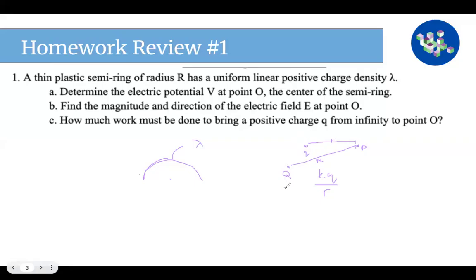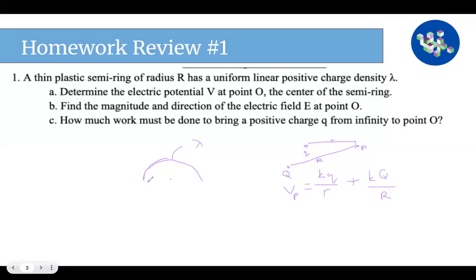So the potential at P would be KQ over R plus K big Q over big R. We can apply this superposition principle to this problem.